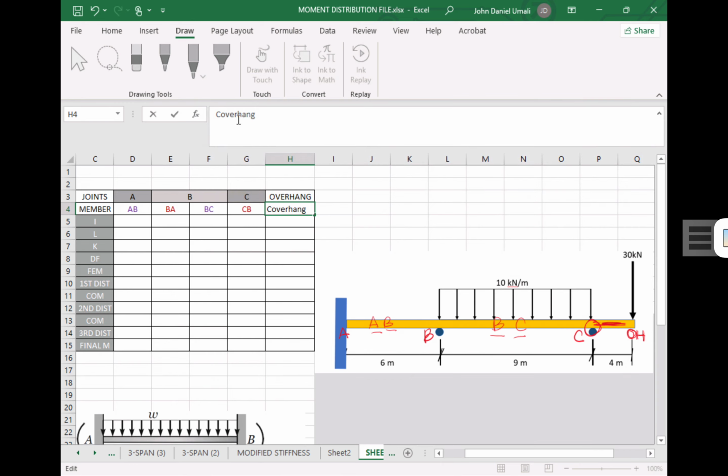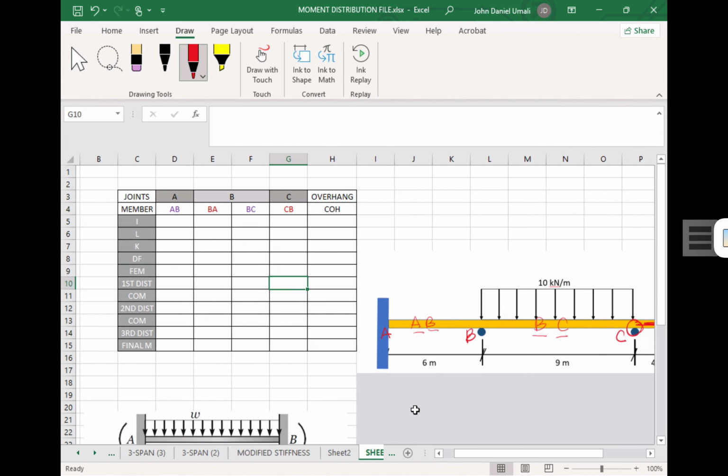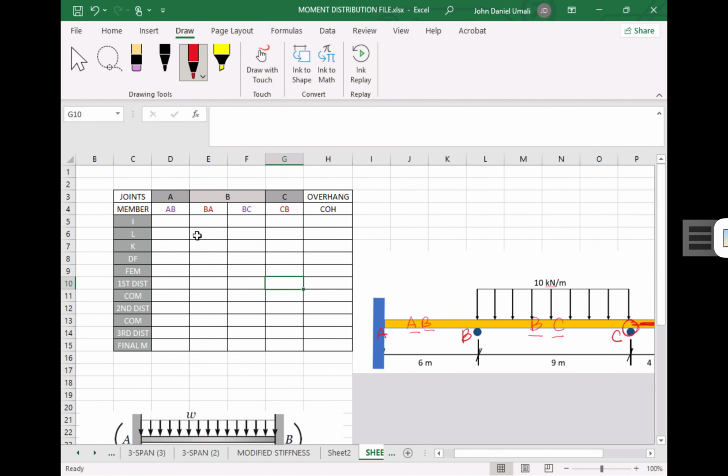Sige, kompletuhin ko na. Overhang, COH for overhang. And then, since walang binigay na I, I will just assume it blank, or we give it a value of 1 para sa madaling computation.